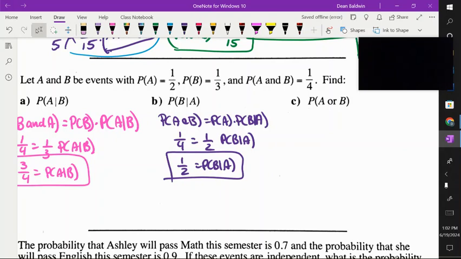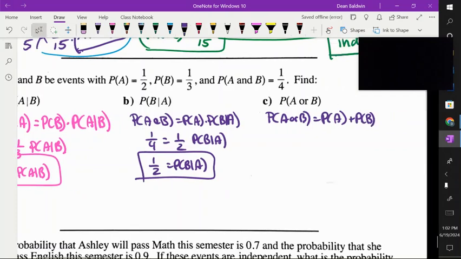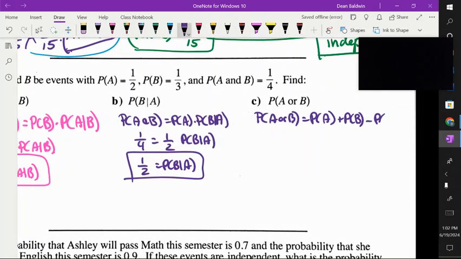Probability A or B. What's the only formula you know for A or B? You only know one formula. That's the only formula. And then A and B could be 0.